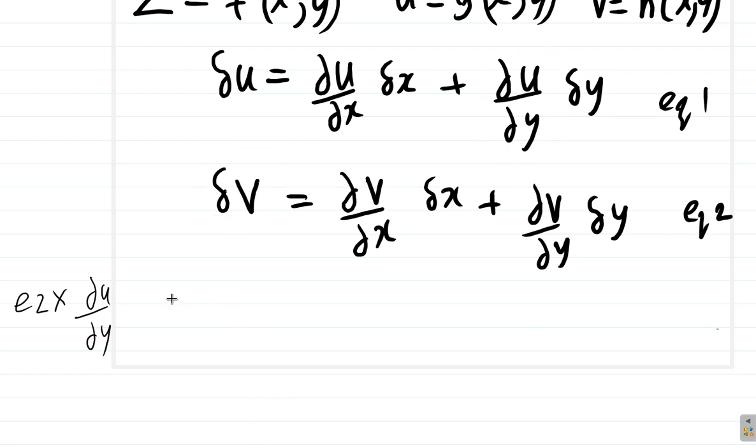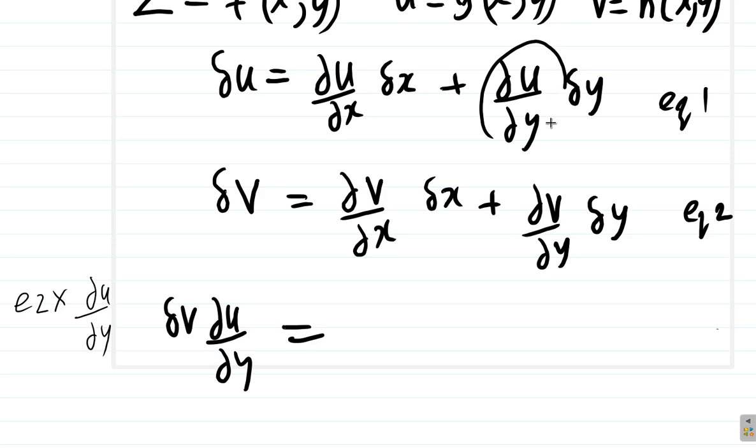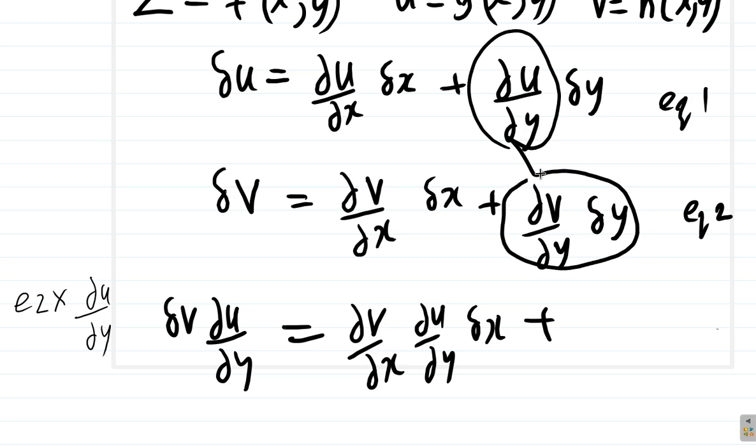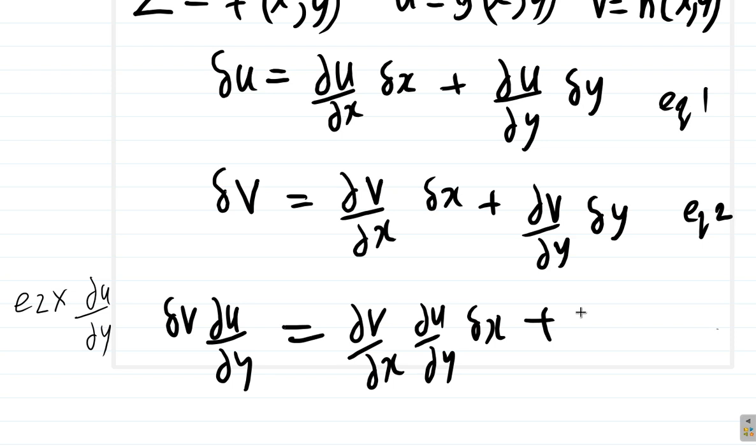So this is delta V times delta U by delta Y equals this times this, which is going to be delta V by delta X times delta U by delta Y, small change in X, plus this will multiply this now. So delta V by delta Y times delta U by delta Y times small change in Y. Right?